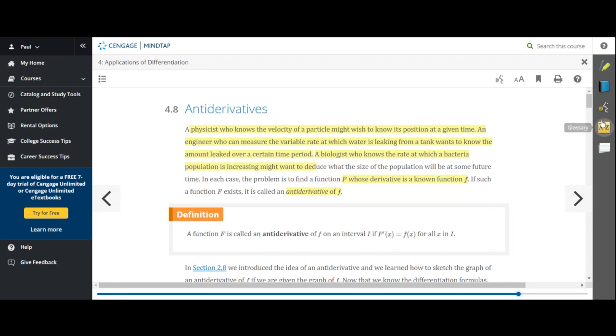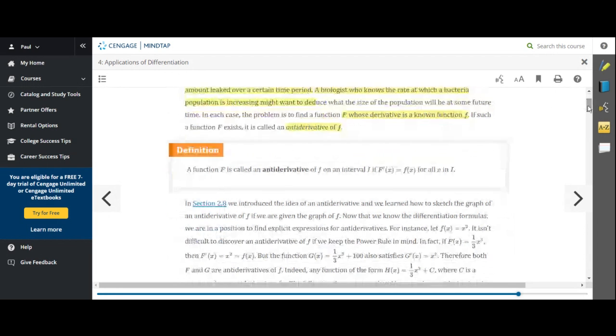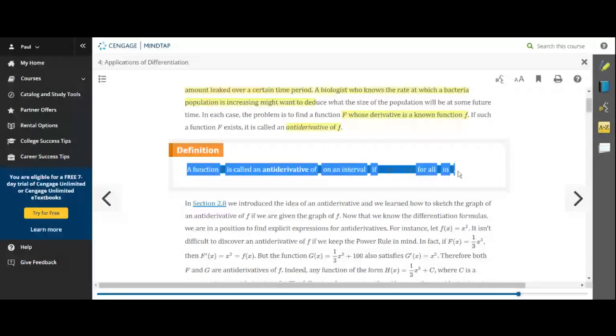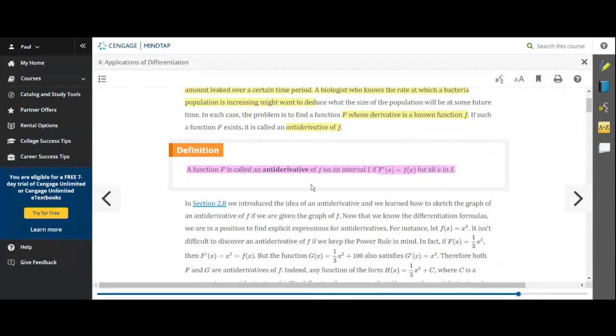An antiderivative, okay, the definition of an antiderivative here is that a function capital F is an antiderivative of a regular function f on an interval I if the derivative of the antiderivative function equals the function.